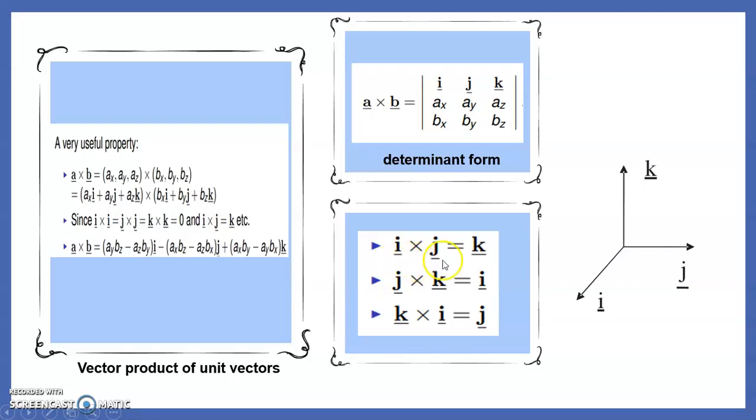So I, J, K: J cross K will be I, K cross I will be J. If there is any J cross I, then you have to write it as minus K. K cross J is minus I, and I cross K is minus J. That is more important. Here you can see identical vectors will be 0. So I cross I, J cross J will be 0. So always avoid such terms. Okay, so you can do it very easily.